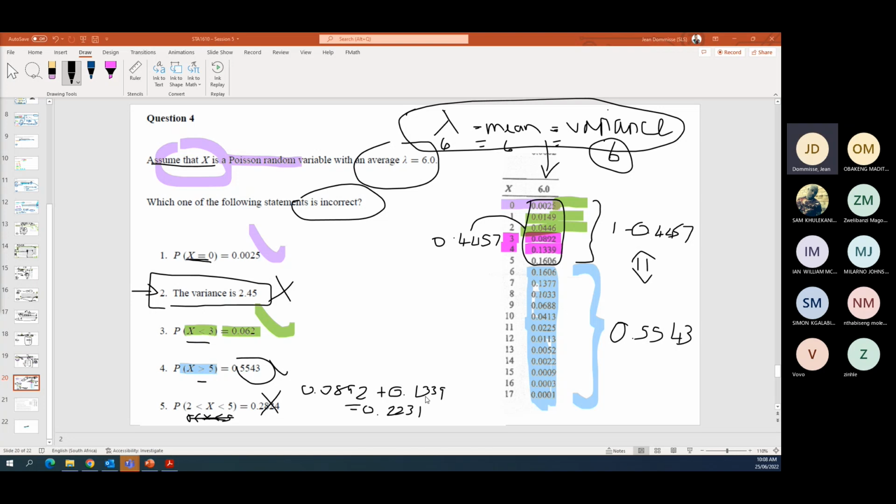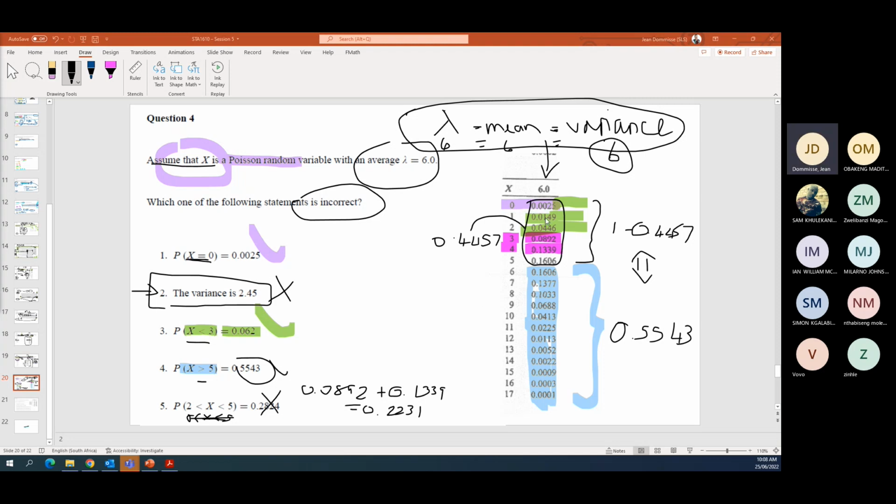Oh, what did I? Okay, that is quite interesting. 0.1339. So is there something in the table that is wrong?